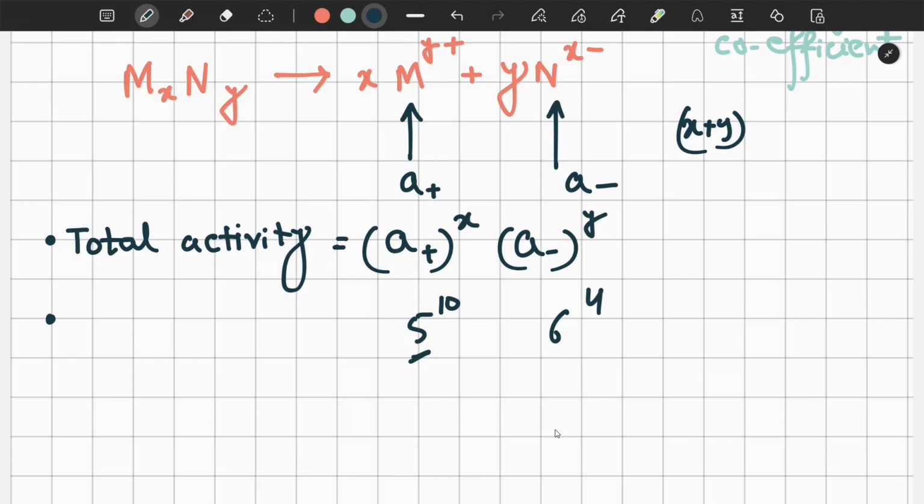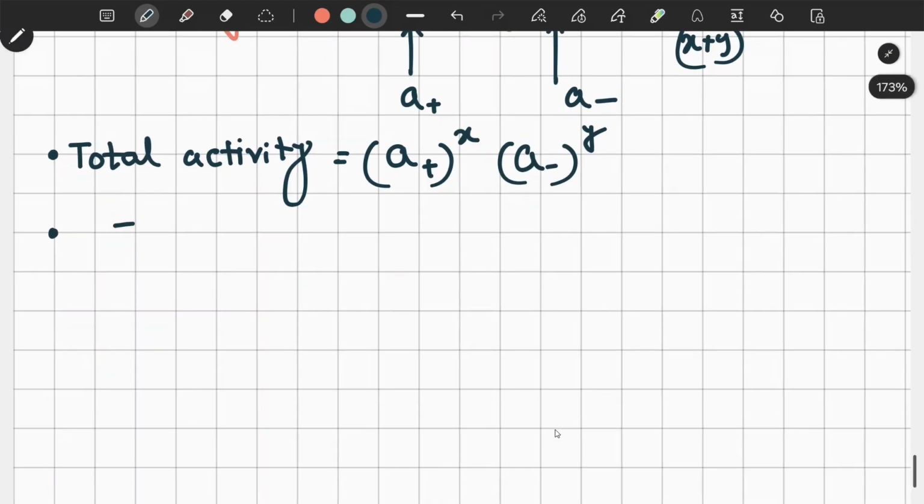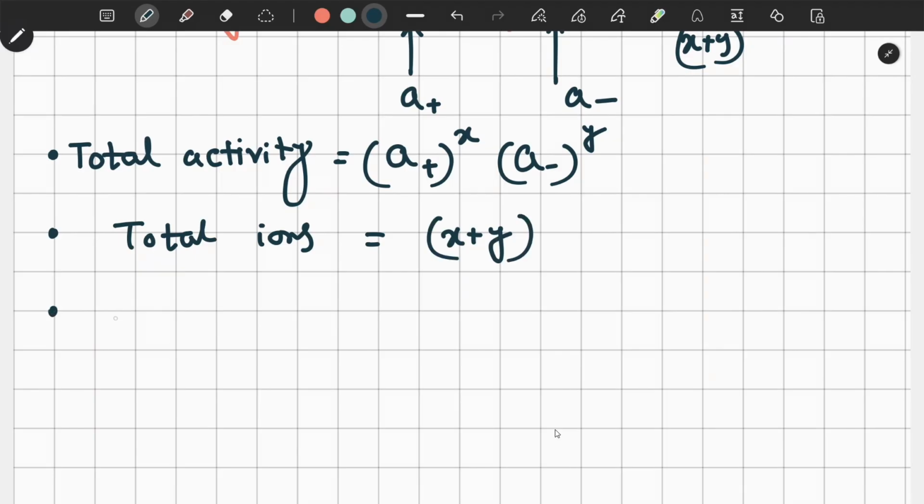Is it clear? No, leave it. So the total activity is clear. So what will be the total ions? x plus y. So what will be the mean ionic activity?